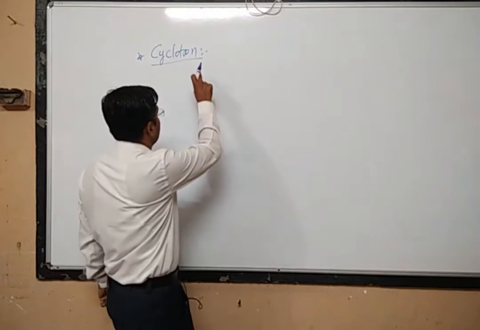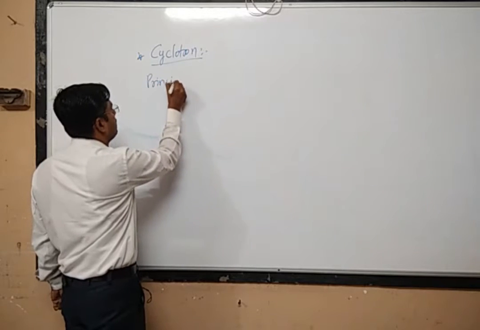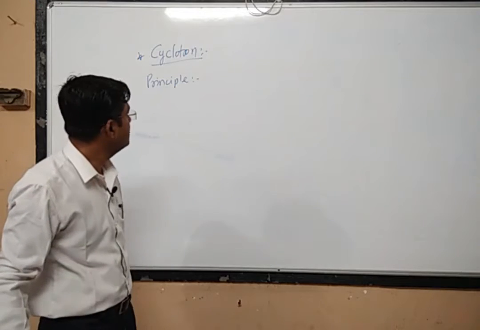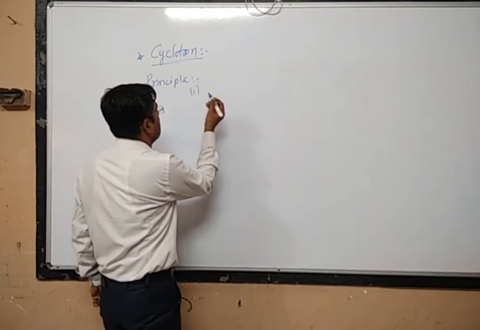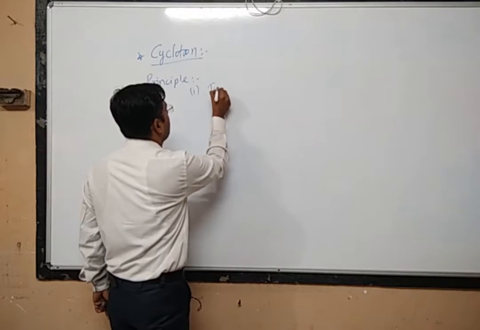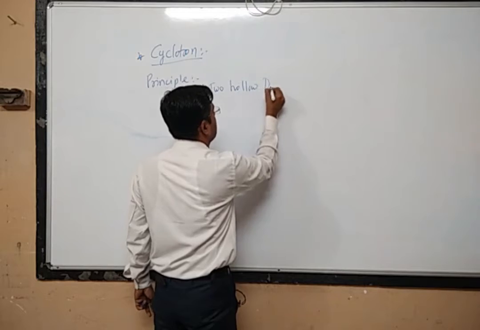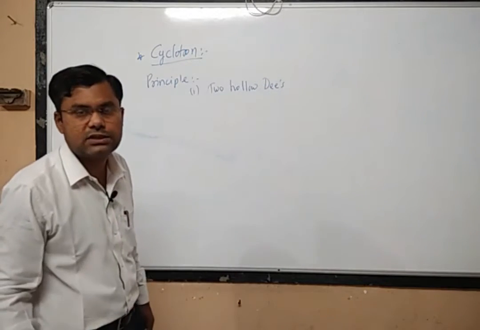Now, what is the principle of operation of this device? In a cyclotron there exist two hollow Ds. We will see the construction of the cyclotron itself.